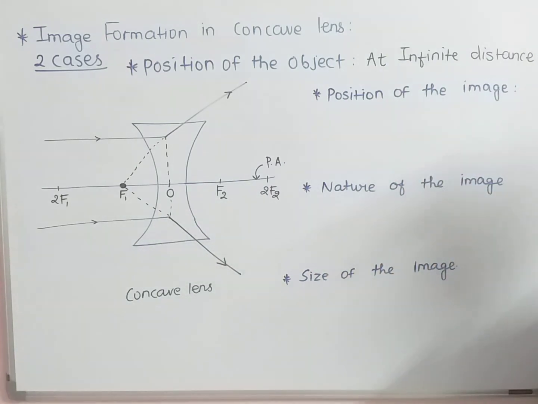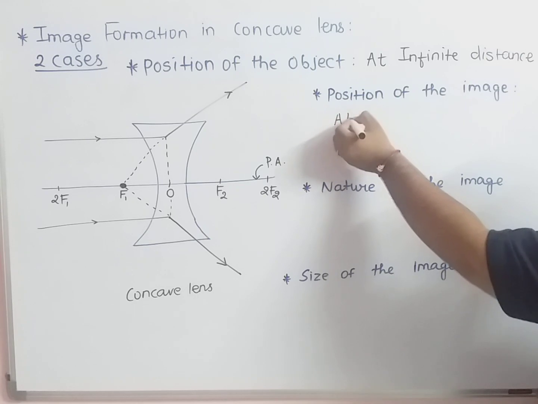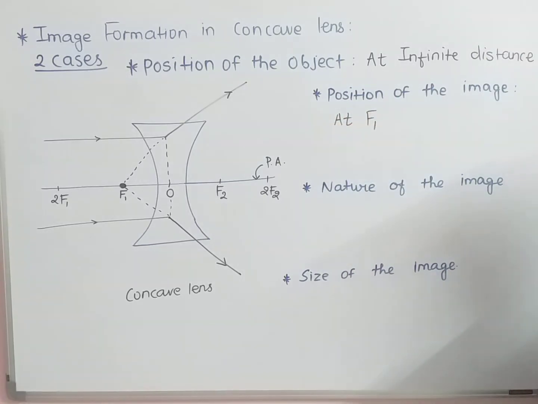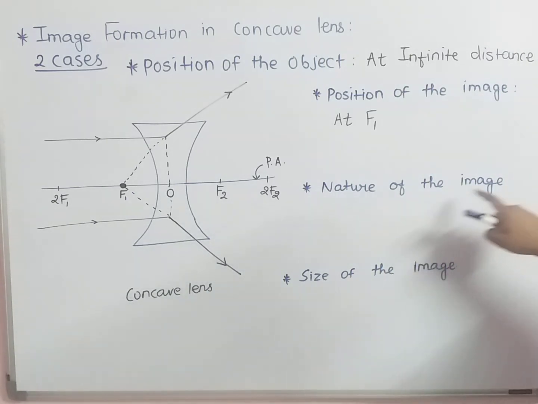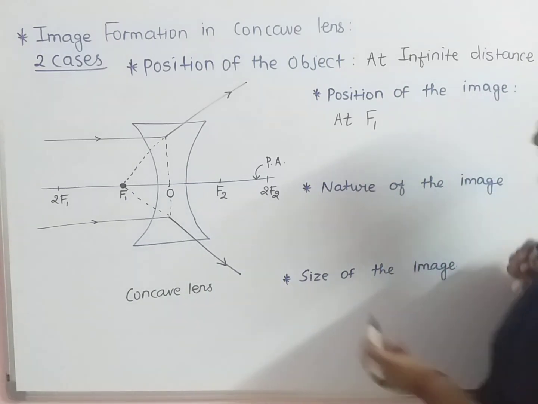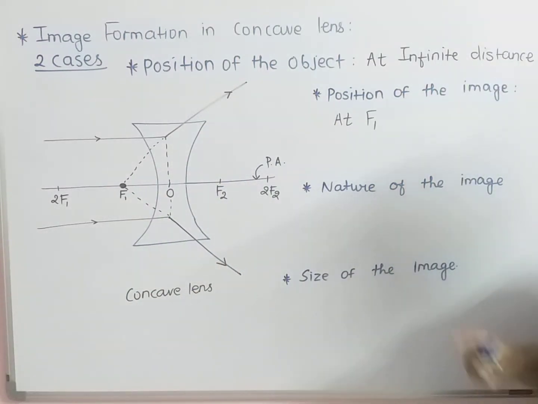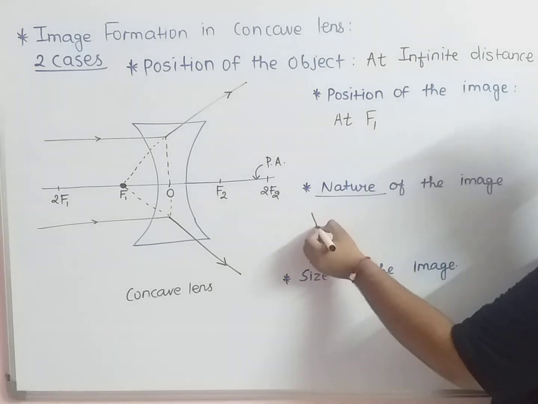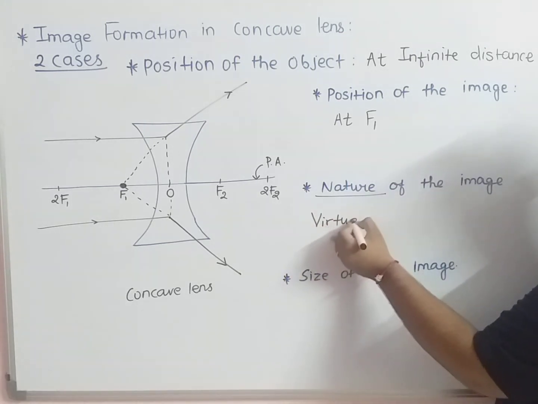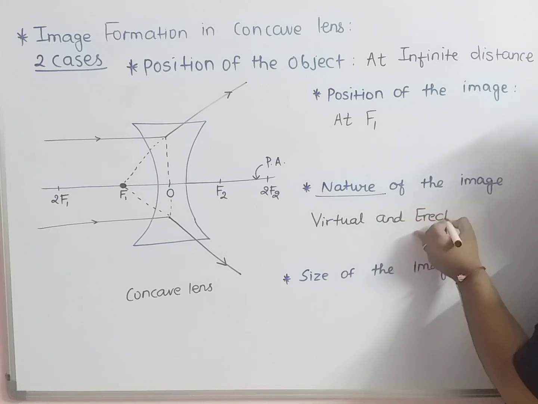Okay, so what is the position of the image? So we can say that it is at F1. Now what is the nature of the image? So dear students, you can see both rays are diverging. So we can say that the nature of the image is virtual and erect.